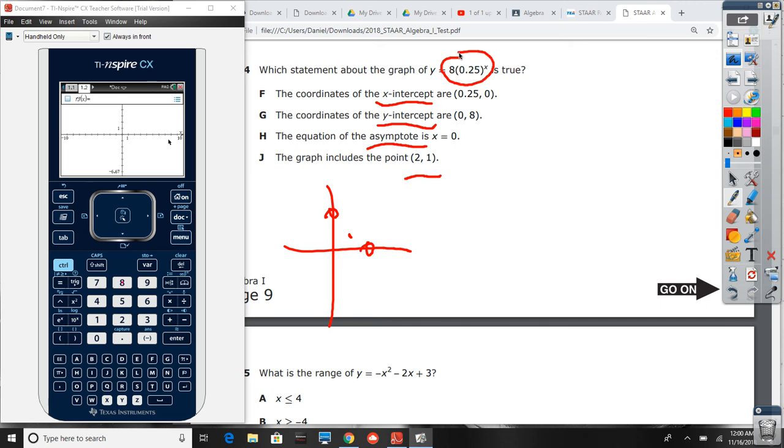So I have 8, oh, I forgot to select arrow again. I have 8, and then parentheses, 0.25. I could have put the 0.25x, but hopefully we can all agree that it's the same thing, right? And I'm going to press enter.